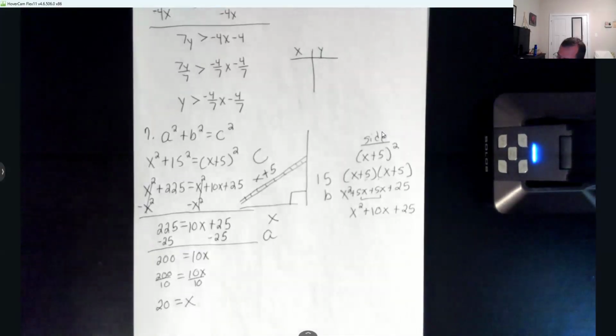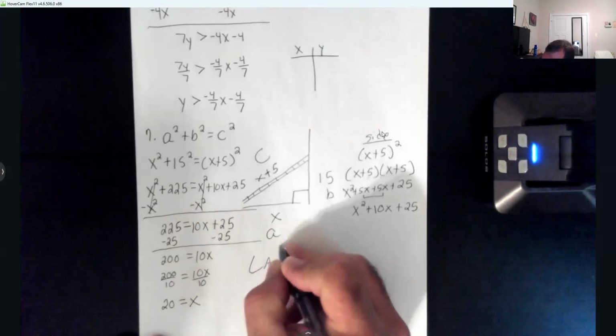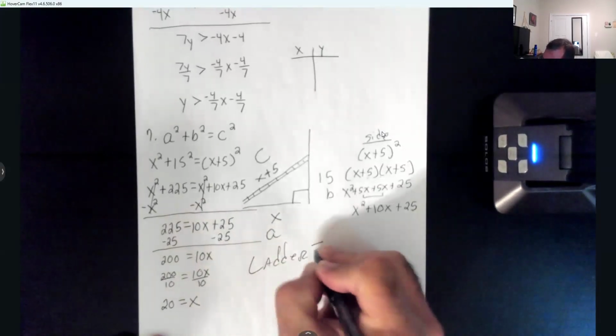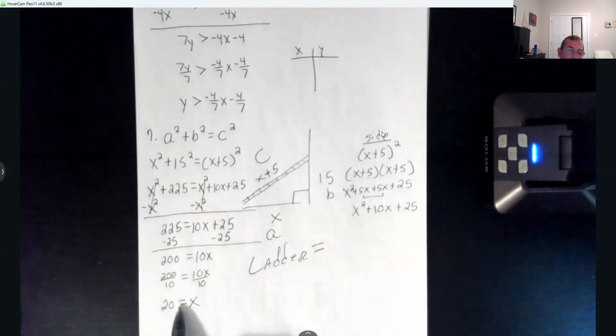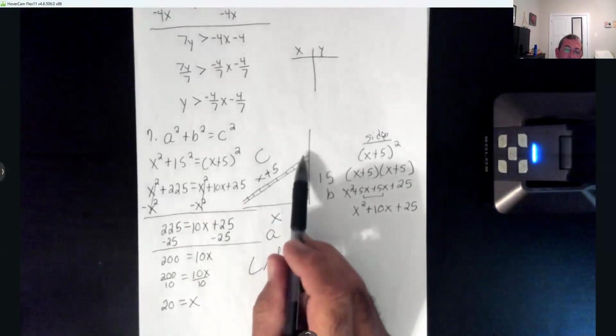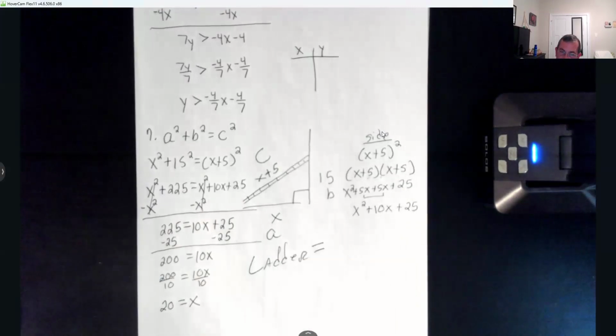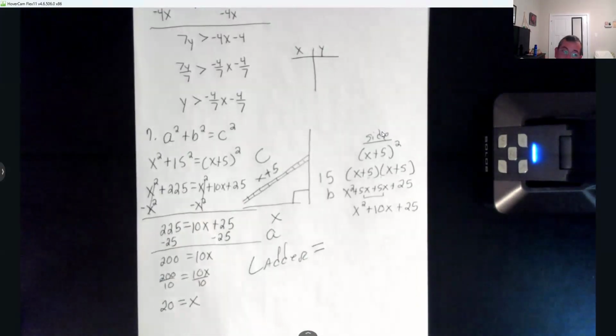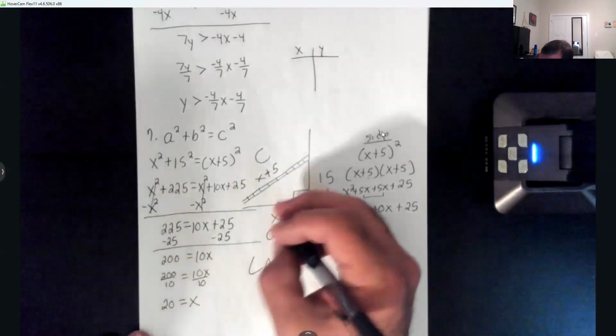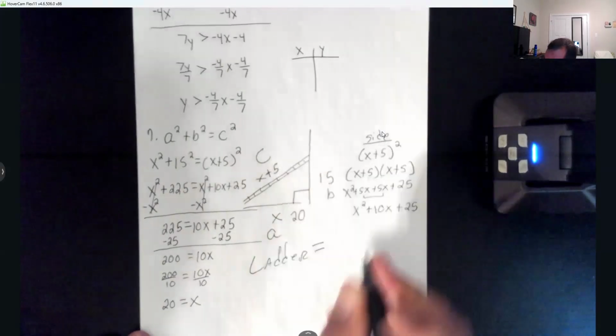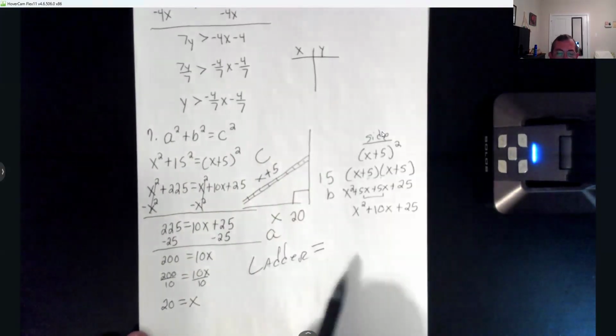So here's the thing. We want to know how long is that ladder. Well, it's not 20. 20 is this area right here. So do not put this answer in as the ladder.